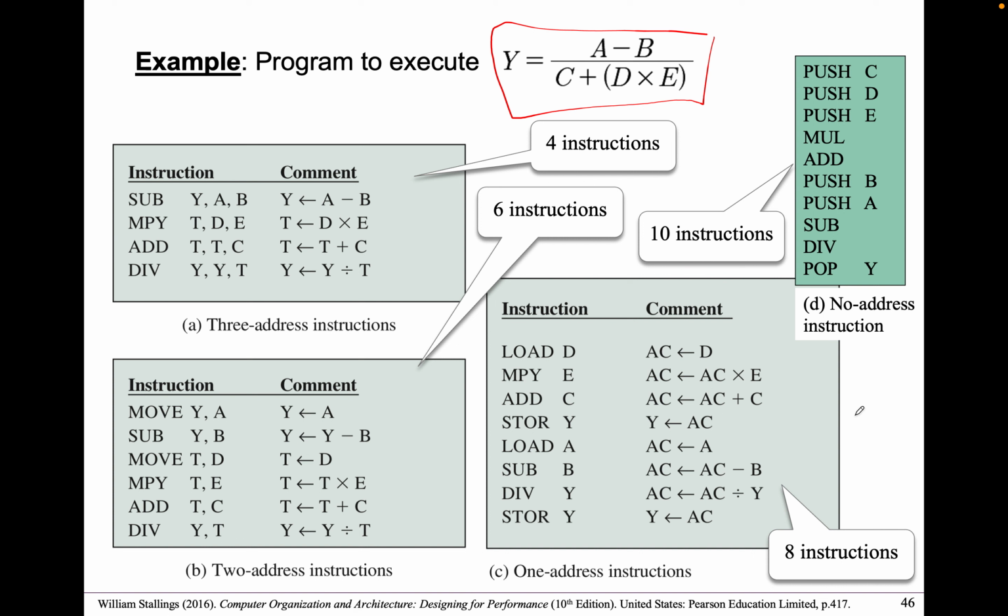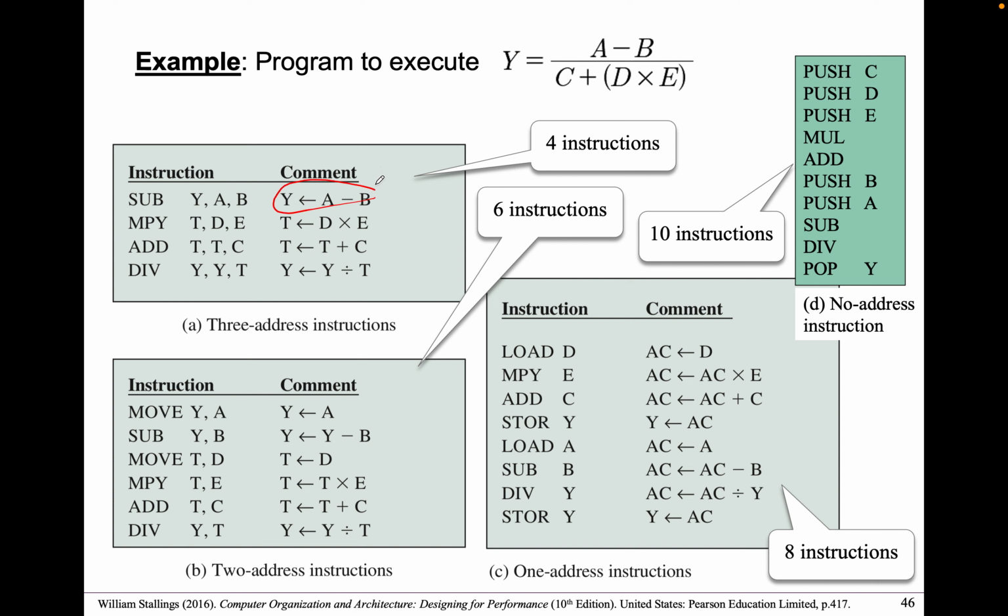So let me show the example here. If you are using 4 instructions here, you can see there are 1, 2, 3, 4 instructions, which is normally your mathematical expression.